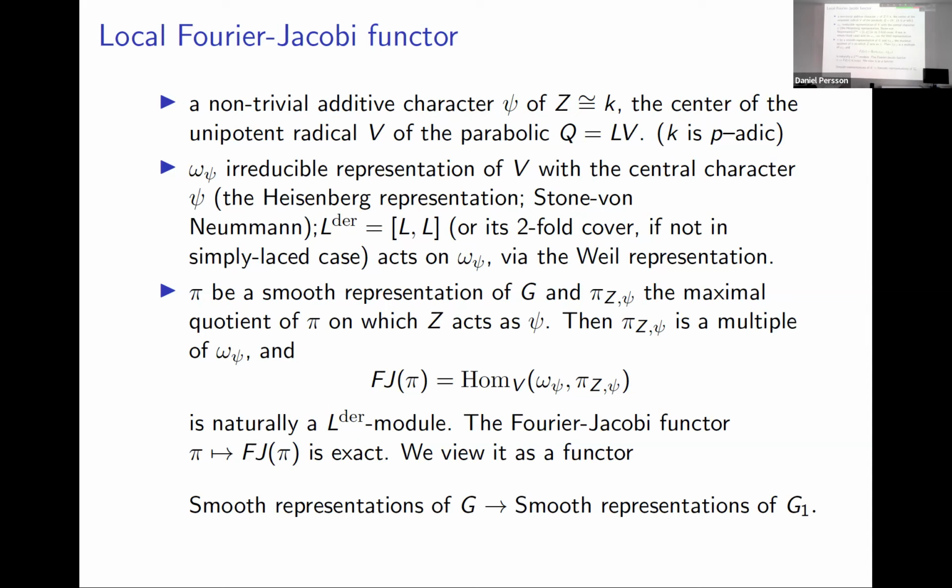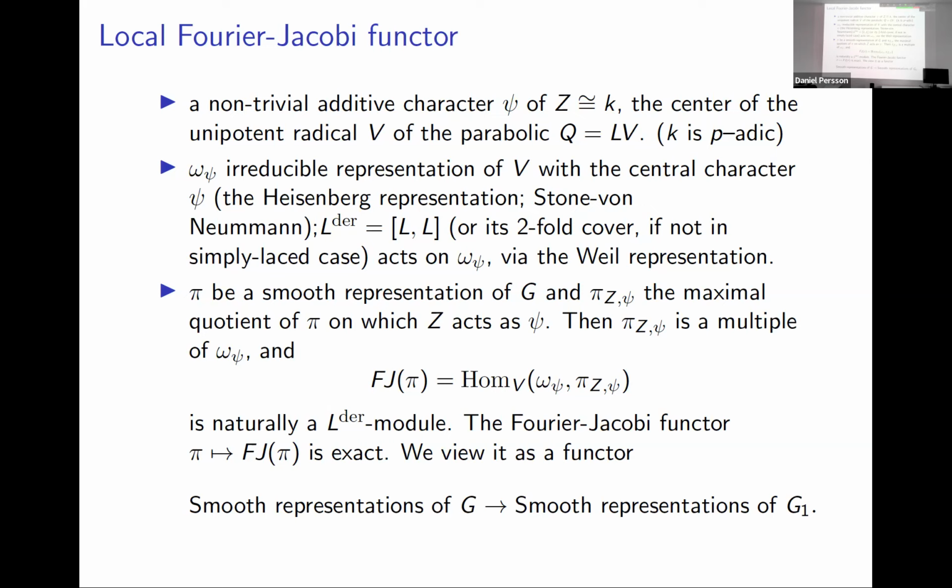So one has this space, the Weil representation, and this space of coinvariants is some kind of twisted Jacquet functor. So this is a vector space, but it's also a representation of G1.